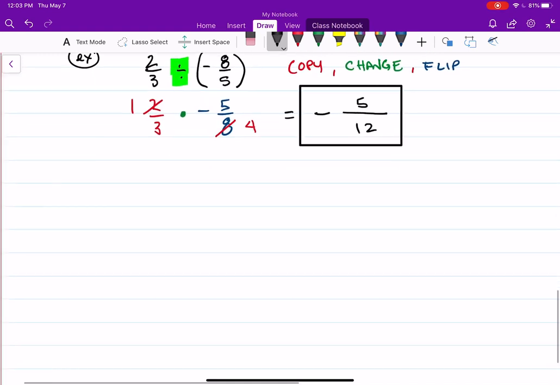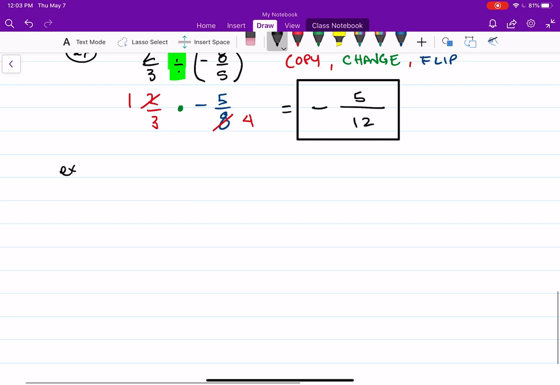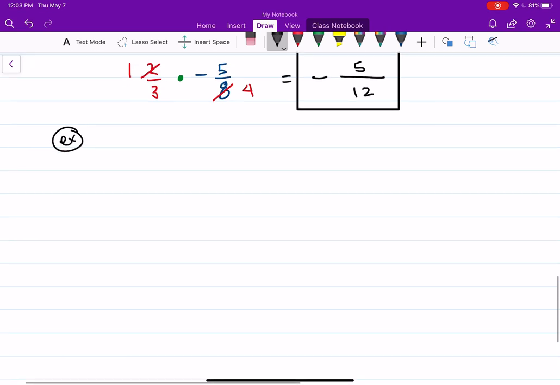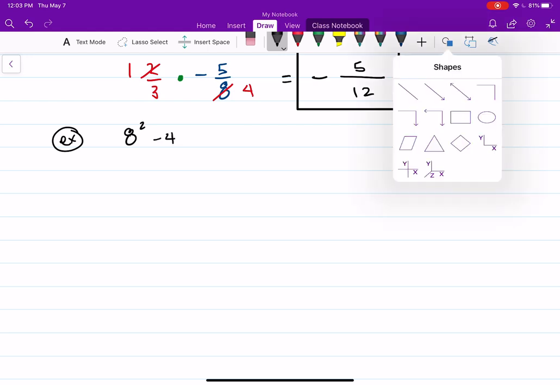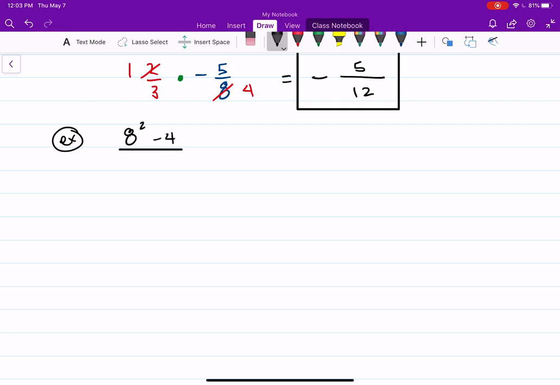There is one more thing that I do want to point out. Okay, so let's do one more example here. The example is this. Let's say I have 8 squared minus 4 over 1 minus 4 squared.